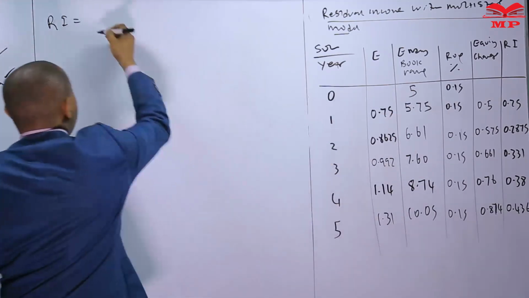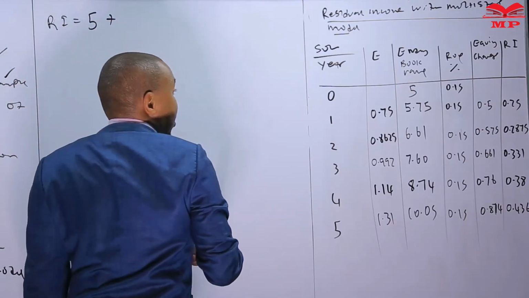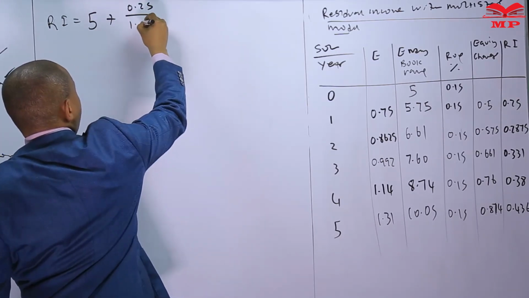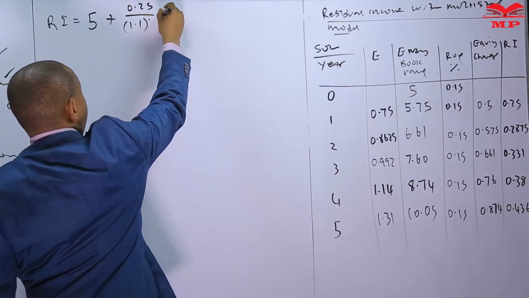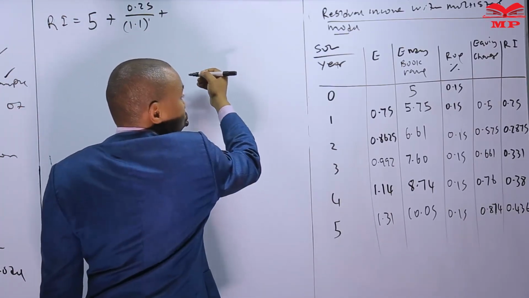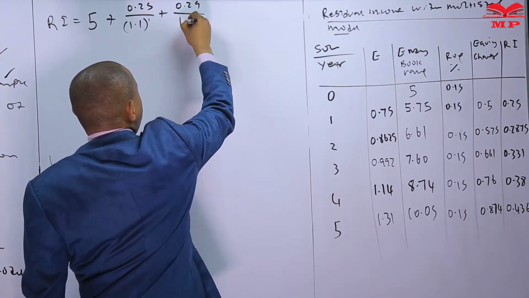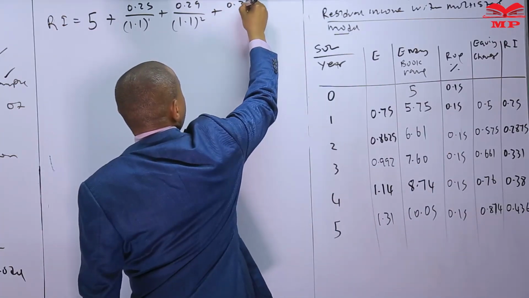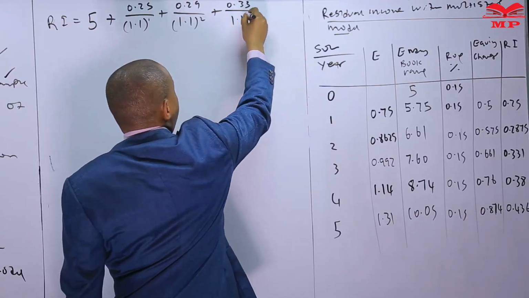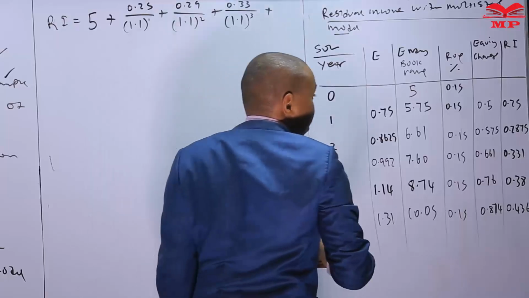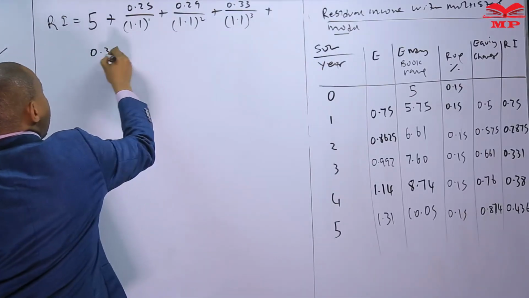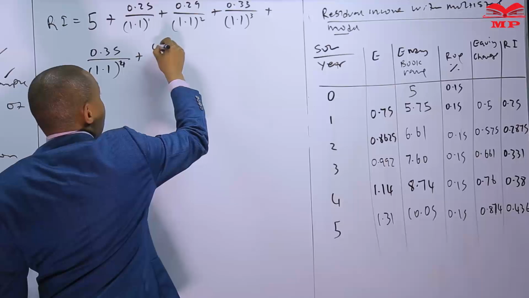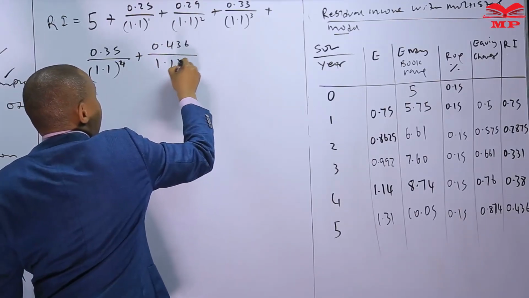The beginning book value is 5, plus the respective present value of expected future residual incomes: 0.25 over 1.1 to the power 1, plus 0.29 divided by 1.1 squared, plus 0.33 divided by 1.1 cubed, plus 0.38 divided by 1.1 to the power 4, plus 0.436 divided by 1.1 to the power 5 right there.